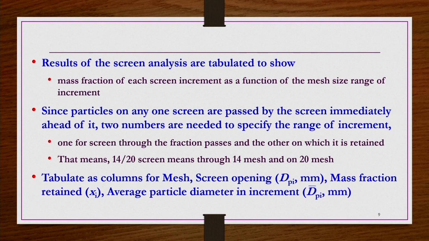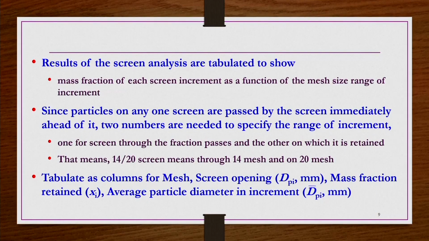So, this information you tabulate as columns, one column for the mesh, next column for the screen opening, that is the aperture opening for that particular screen. Let us say 100 mesh, what is the aperture opening, that you will be writing in the screen opening Dpi column.